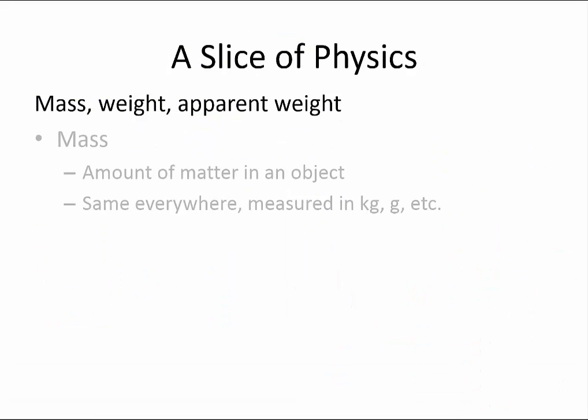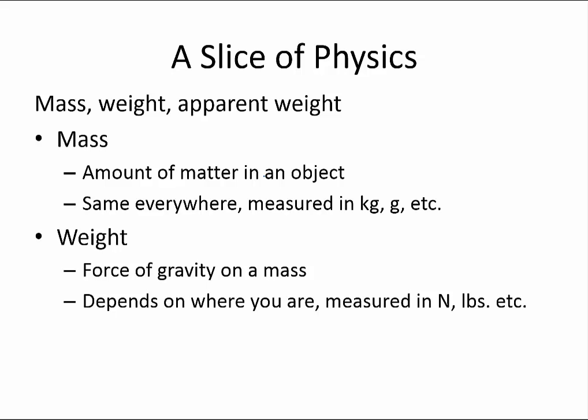So to recap, mass is the amount of matter in an object. It's the same everywhere, and it's measured in kilograms, grams, etc. Weight is the force of gravity on mass. So just like F equals ma, a particular application of it is weight equals mass times the acceleration due to gravity.